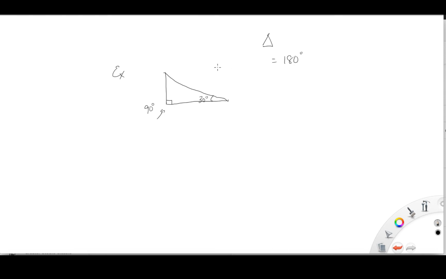Well, I found out that there was 90 degrees and 30 degrees plus something else. I don't know what this one up here is because it doesn't give it to me. So let's put X, because I don't know what it is. I do know that the total is 180.